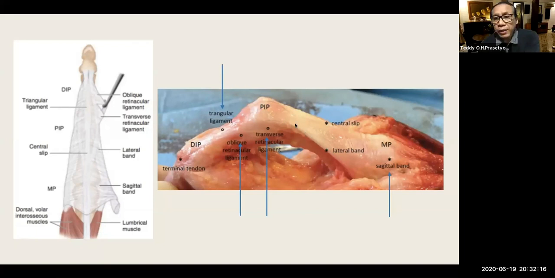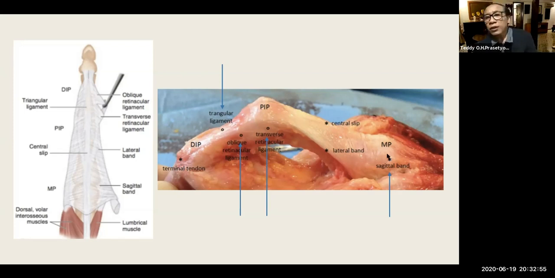The central band gives branches of fiber into the central slip, and it forms a lateral band that also takes joining fibers from the central slip and then forms the conjoined lateral band, and it stops as the terminal tendon at the base of the distal phalanx. So this is the distal interphalangeal joint. So the lateral band stops here at the base of the distal phalanx, right?